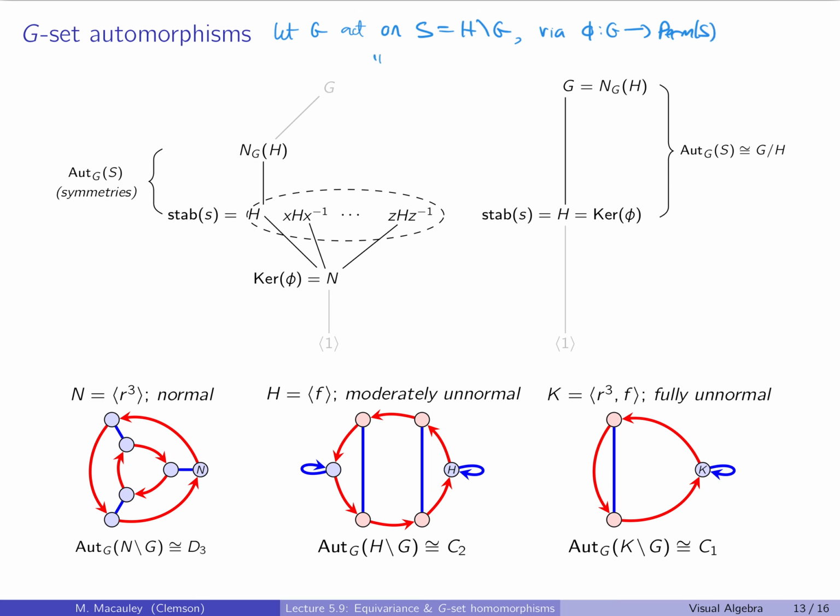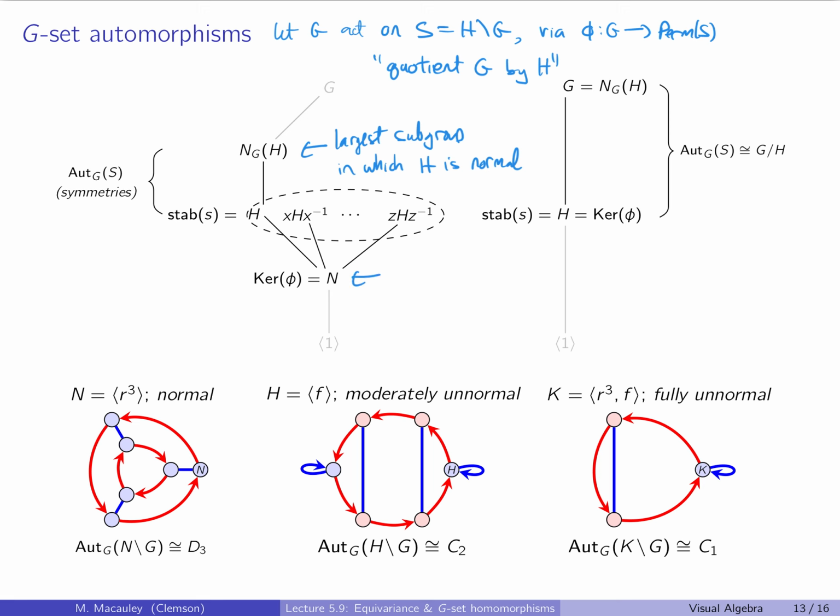And I like to say quotient G by H, or collapse, even if H is not normal, and we still get a G-set. So if H is not normal, then what we have is a conjugacy class of size bigger than 1, and the normalizer is the largest subgroup in which H is normal. That's just by definition.